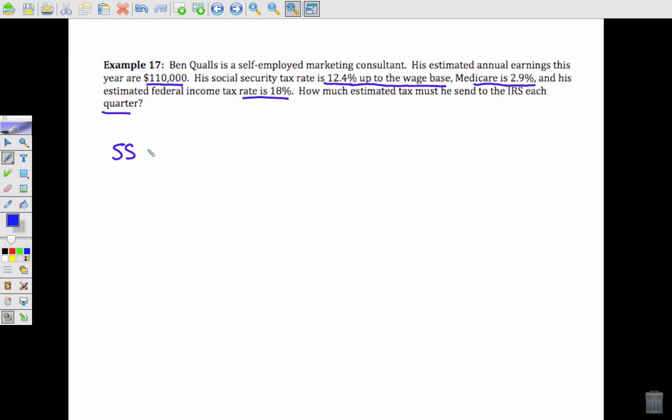All right, so here's what we have. We are going to find Social Security first. For Social Security, you're only taxed up to $106,800. So we're going to do $106,800, that base amount, times the 12.4% as a decimal.